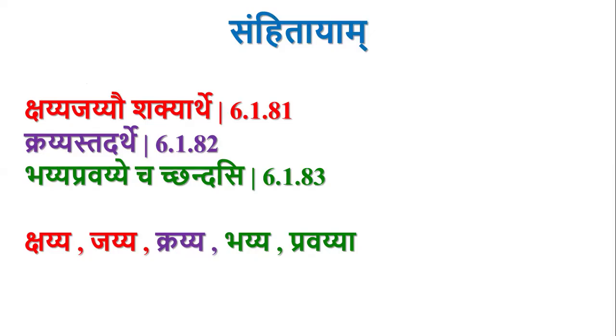So here also ayadesha is the nipatana. So it is related to those sutras, and these sutras are given in the same sequence: krayas tadarthe, bhaya pravaya cha chandasi. But these five words are given ready-made, without giving sutras for their derivation.